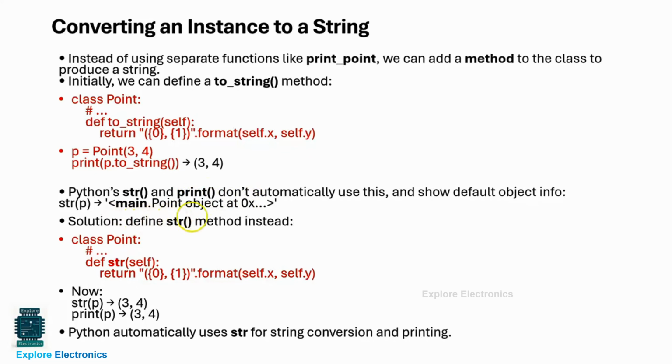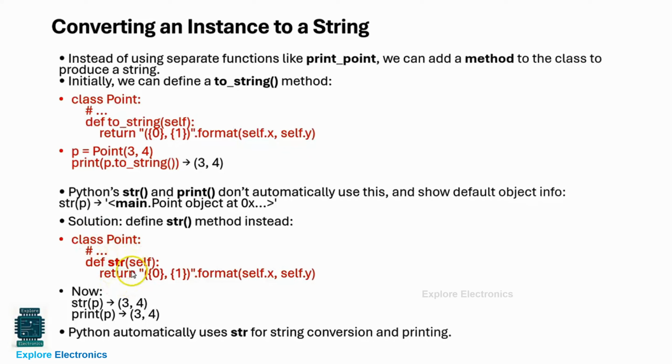To change this, you need to define a special method called __str__(self). You define it inside the class, and this example shows a Point class with a __str__ method that returns the format string of x and y.